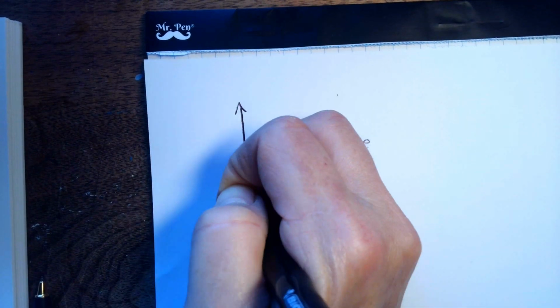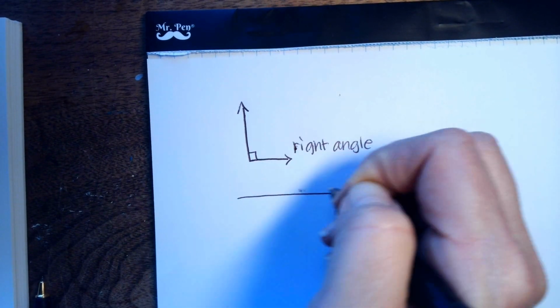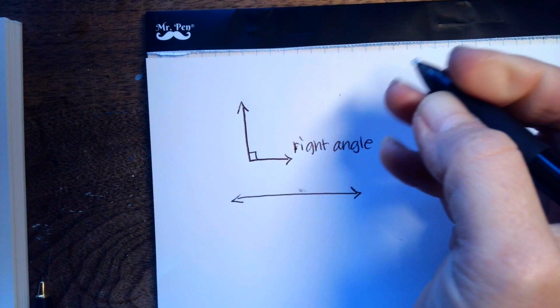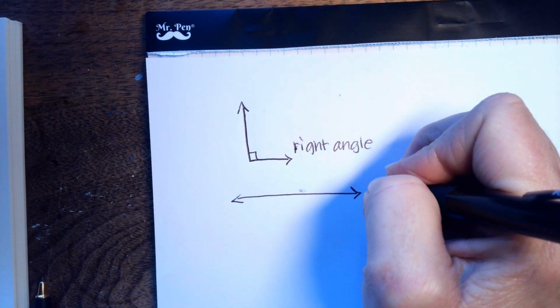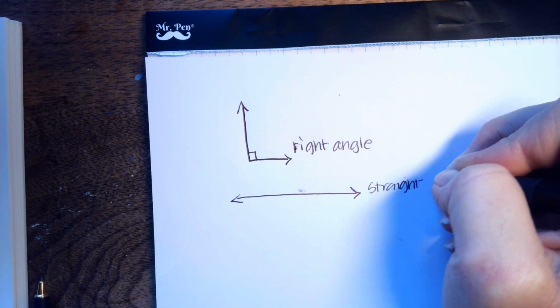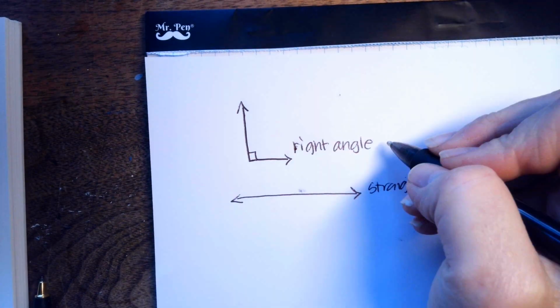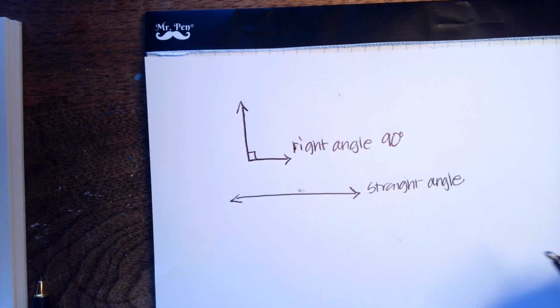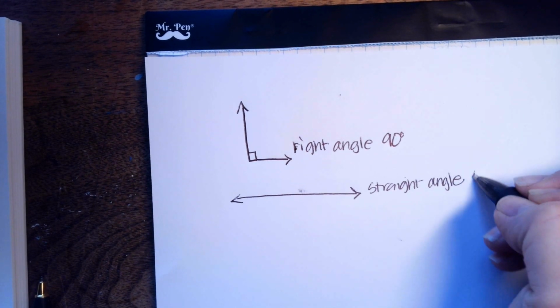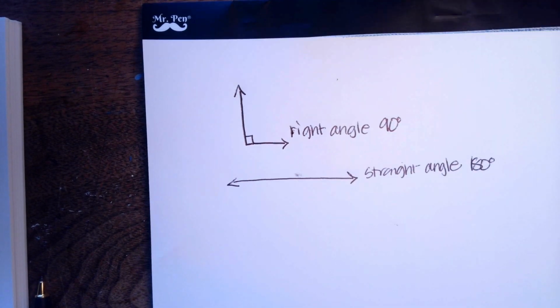The second type of angle we have is a straight line, and this is called a straight angle. A right angle is always 90 degrees, and a straight angle is always 180 degrees.